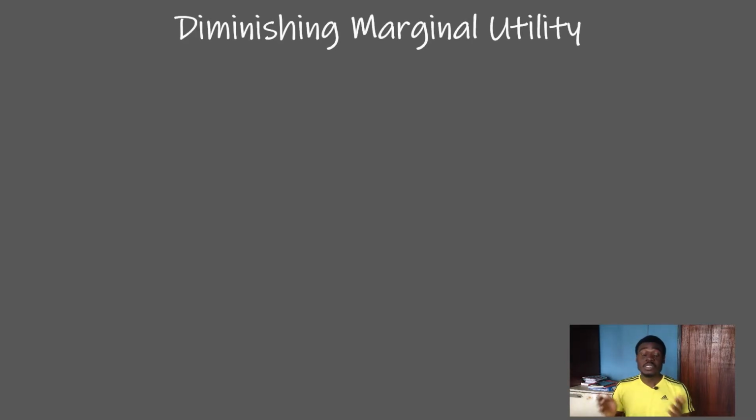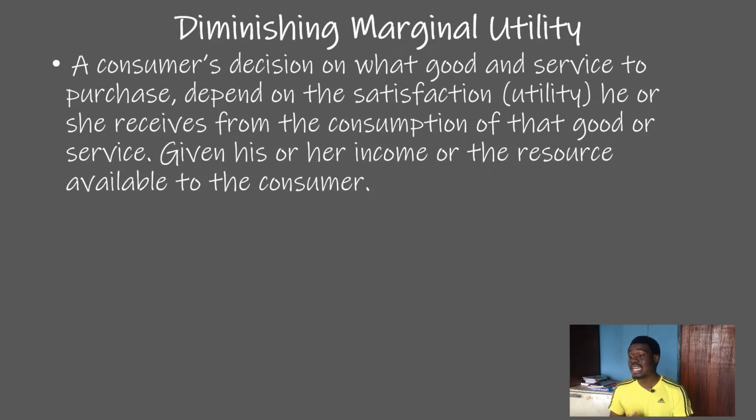Before we consider the diminishing marginal utility, let's first of all look at this. A consumer's decision on what goods and services to purchase depends on the satisfaction, which is utility, like I said earlier, he or she receives from the consumption of that good or service.